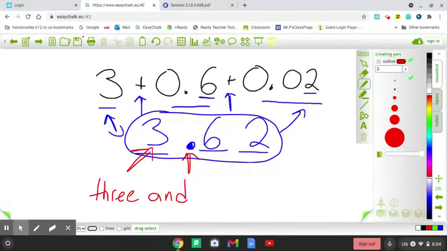And to read the decimal number, we read it like it's a whole number, 62. But because it's a decimal, I have to tell you what size parts these 62 parts are. And I do that by reading the last place value of the decimal, 62 hundredths.